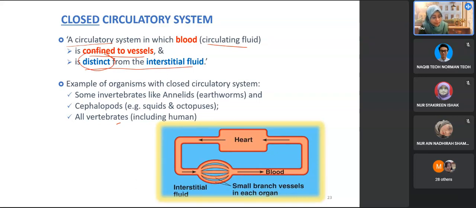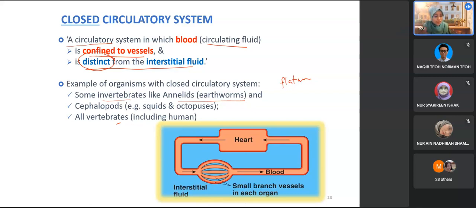Examples of organisms with a closed circulatory system are invertebrates like annelids, earthworm. Hari tu kita tengok kalau flatworm lain kan, flatworm it depends on the gastrovascular cavity because of the flat body structure. So flatworms have a gastrovascular cavity, they don't have any heart.